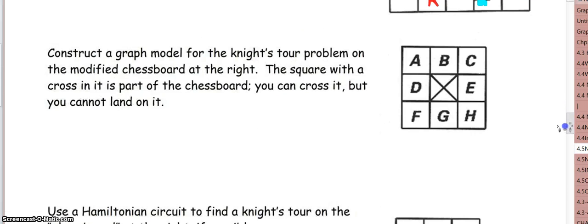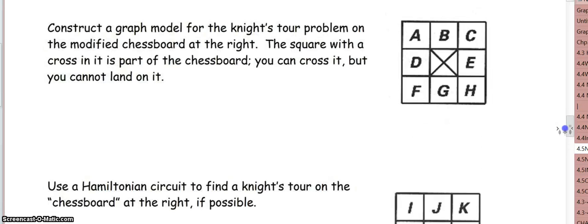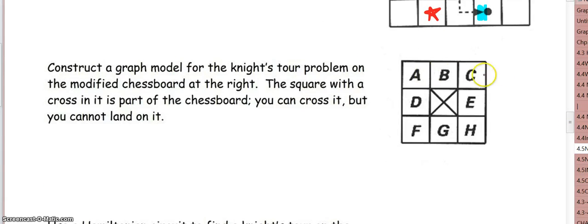Okay, so one of the things we did is we looked at a chessboard, and we made a graph to model the chessboard. And so I'm going to put vertices right where all of the squares are. The vertices represent the squares on the chessboard, and the edges represent if the knight was at A, where could he end up?